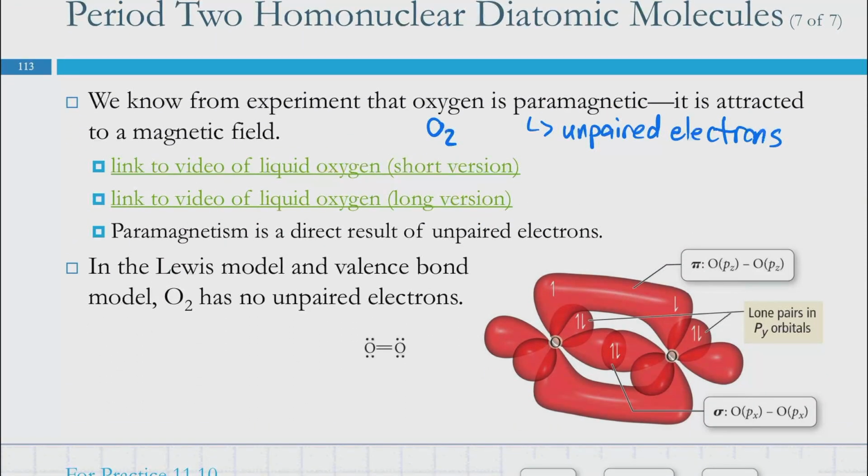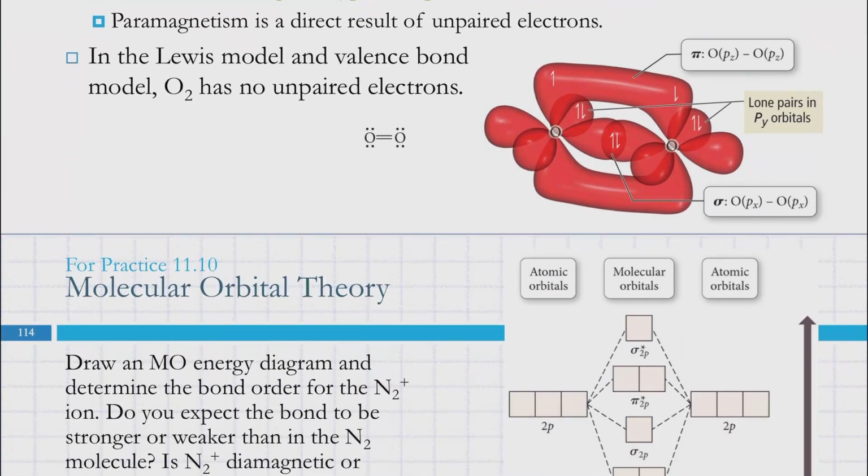So that's one thing that's cool about molecular orbital theory. It also comes in handy when we're working with transition metals and the different compounds that they form. But that's beyond the scope of the class, fortunately.